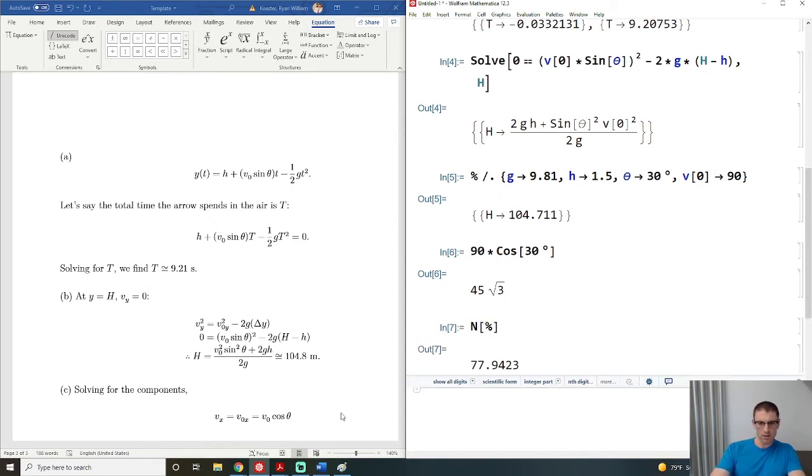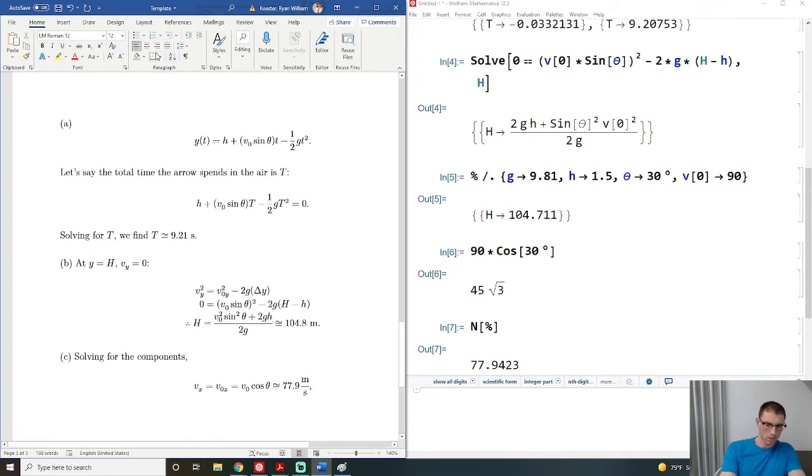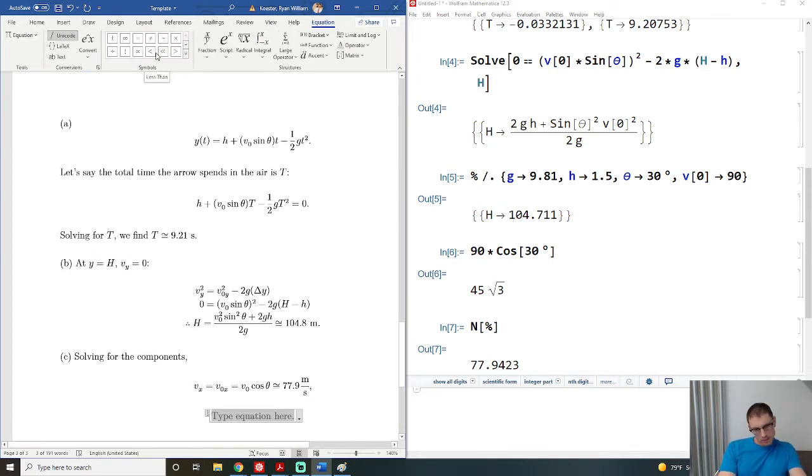So we're getting about 77.9 meters per second for the initial x velocity, and indeed the x velocity at all times, right? Because that's our assumption about projectile motion.